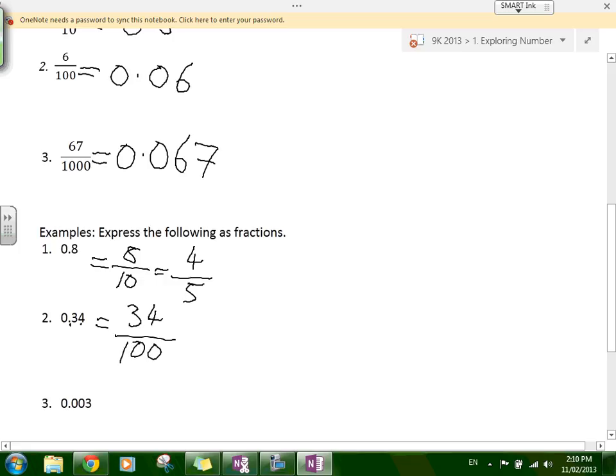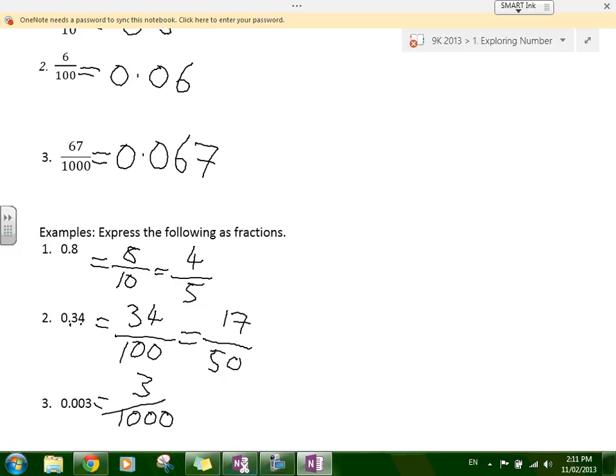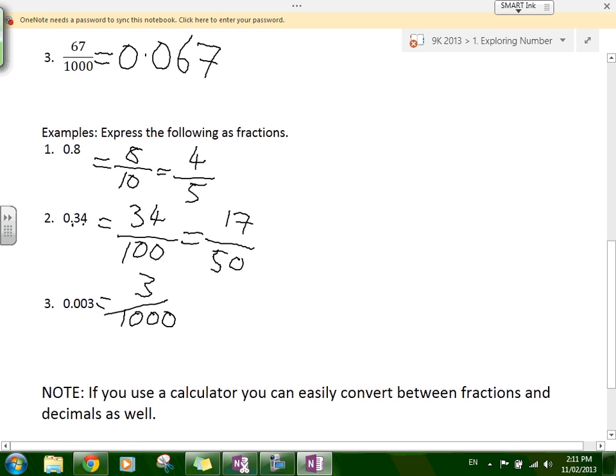Dividing by 2, it's 17 over 50. And the last one, 0.003, is 3 over 1,000. So the calculator can help you, but you should be able to recognize, especially for decimals into fractions, how you put it over 10 or 100 or 1,000 first, and then you simplify.